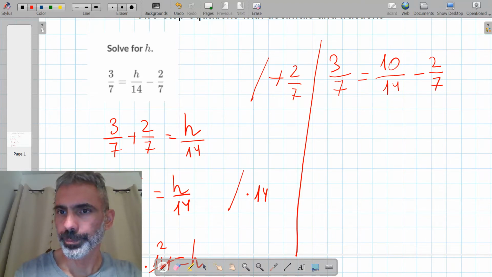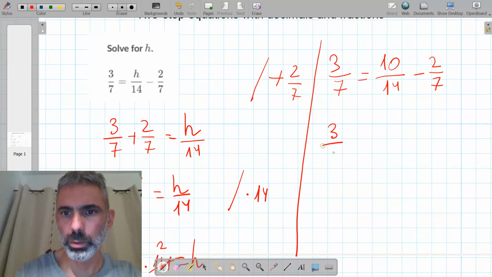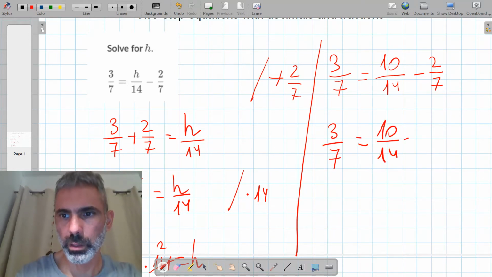And now I need to convert the 2 7s into a fraction with a 14 in the denominator.